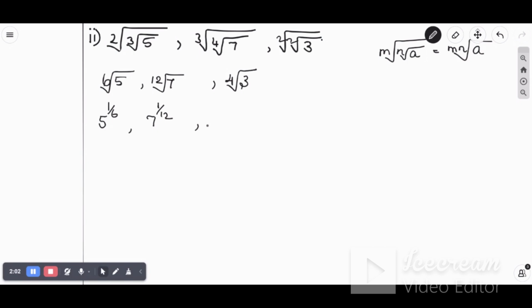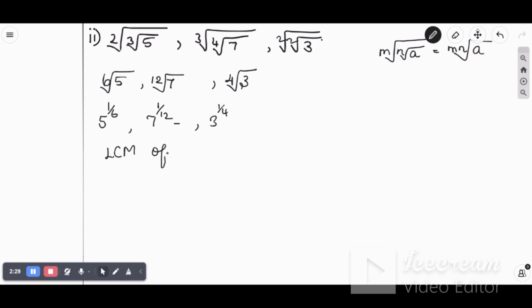And this will be 3 to the power 1 by 4. So what will be your next step? Yes, take the LCMs to make your fractions like as we do, make these powers like powers. Which means we have to make the denominator same, so the order same.